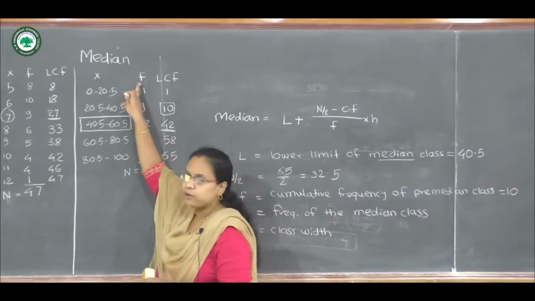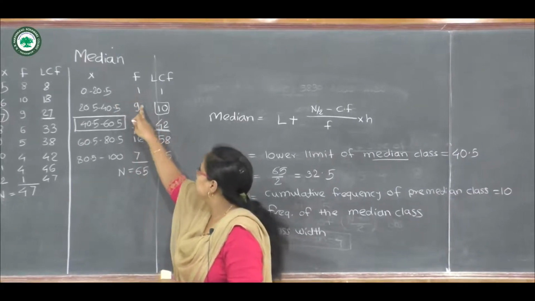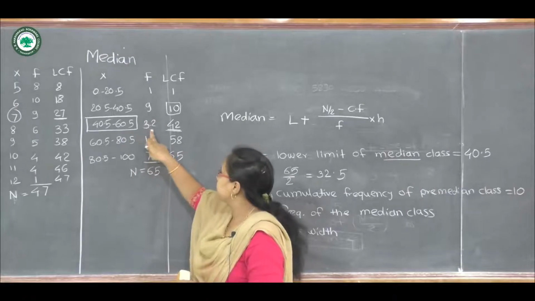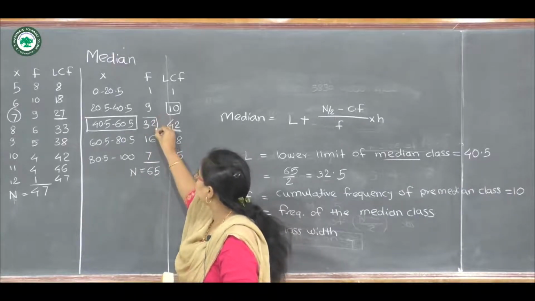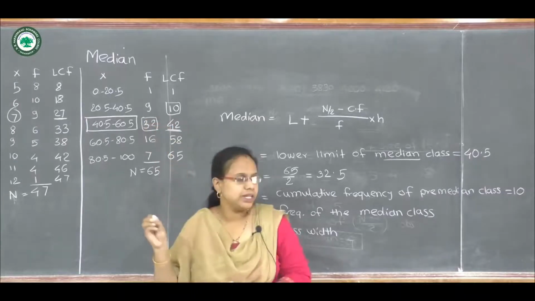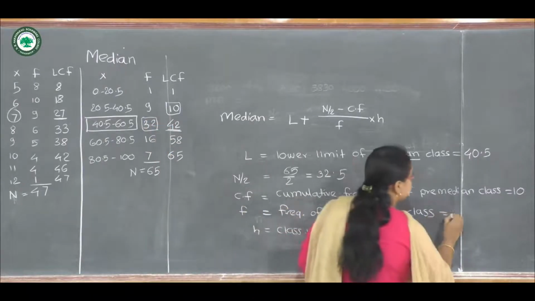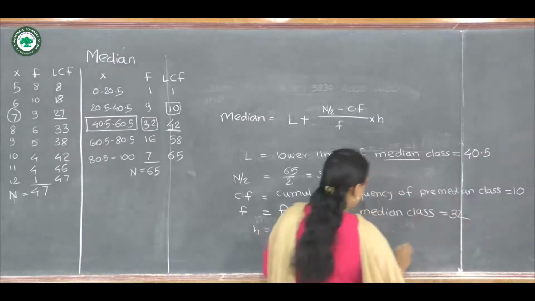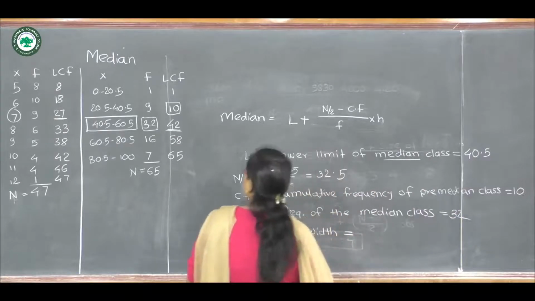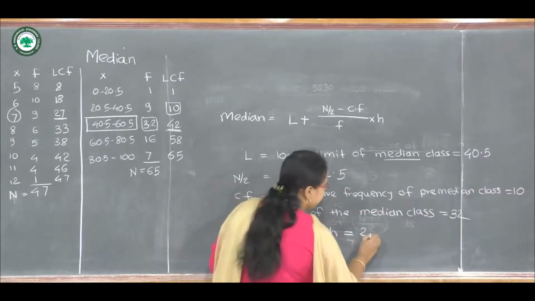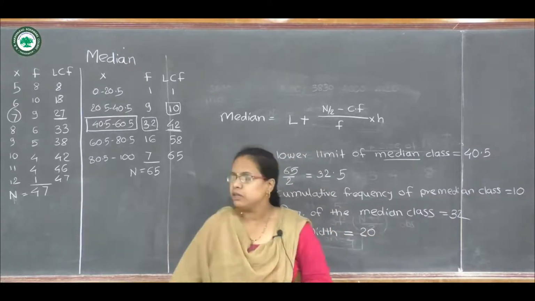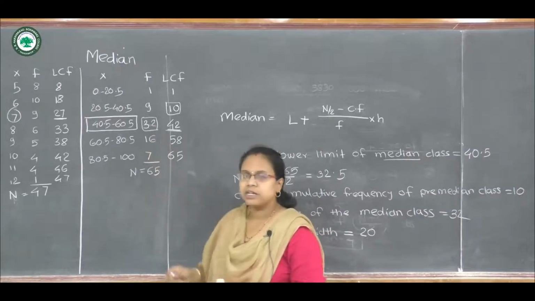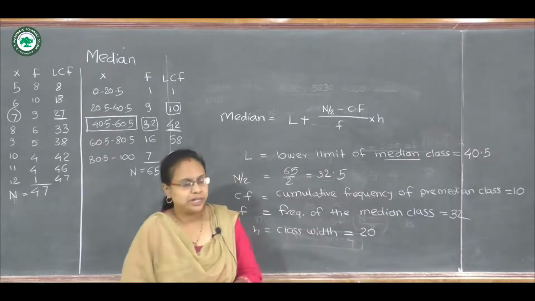Looking at the median class, its frequency is 32. So F is 32. And obviously the class width, H, here is 20 for each class.